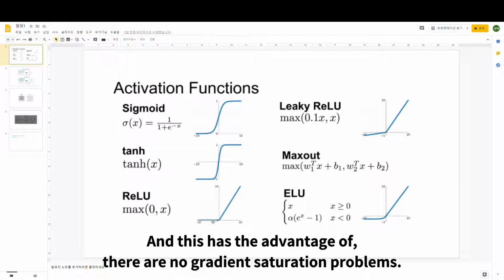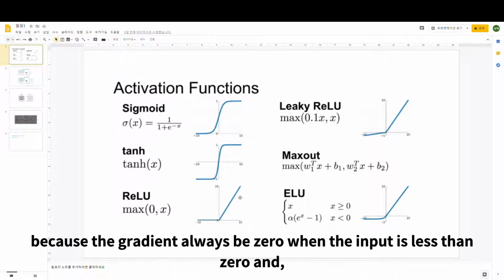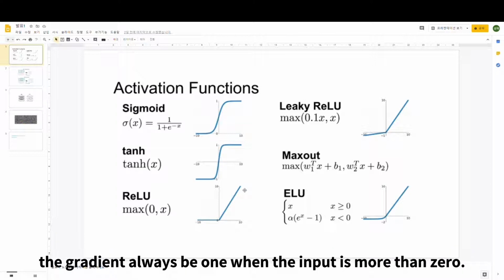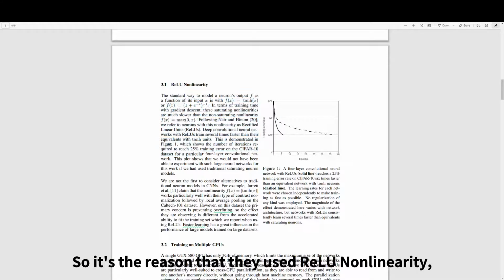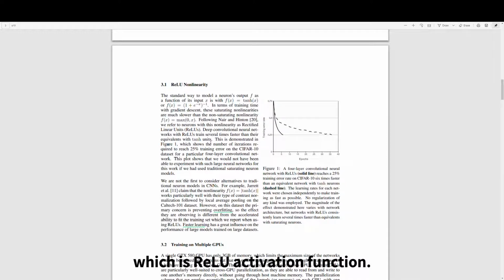It has the advantage of no gradient saturation problem, because the gradient is always 0 when the input is less than 0, and always 1 when the input is more than 0. This is the reason they use the ReLU activation function.